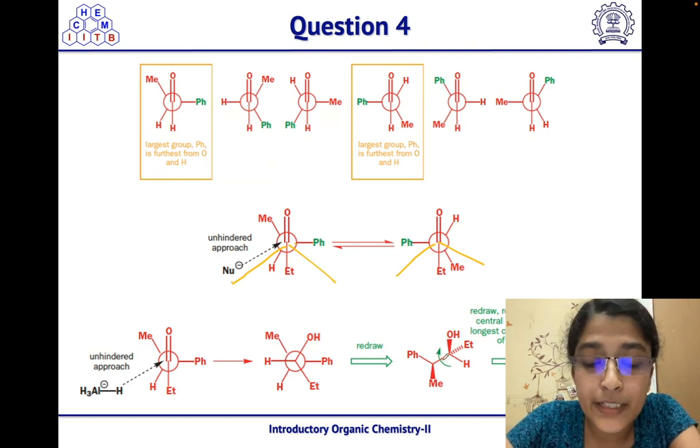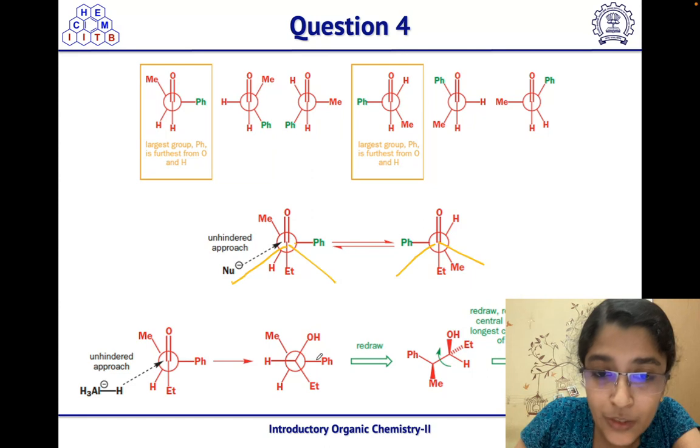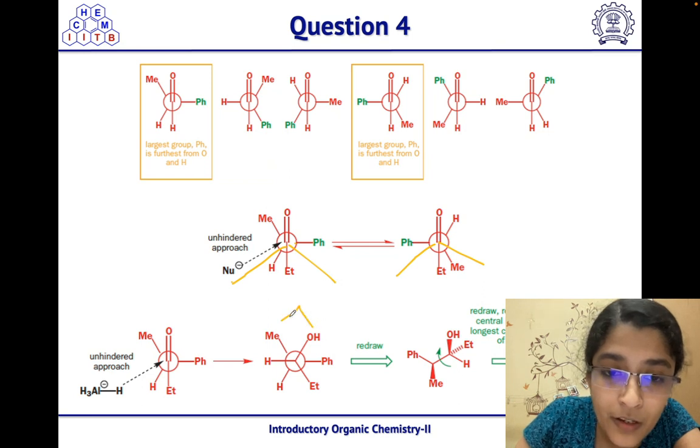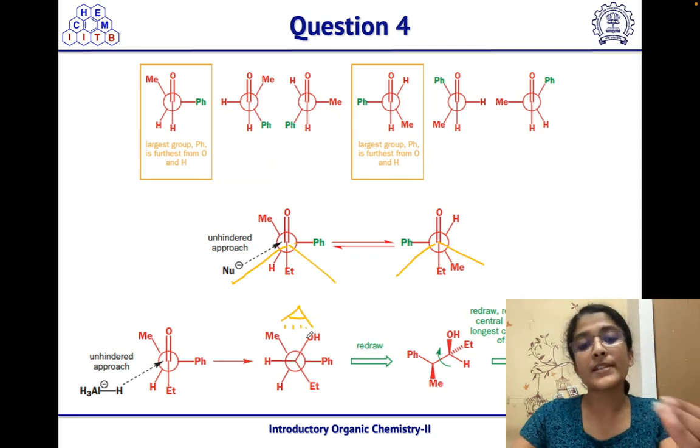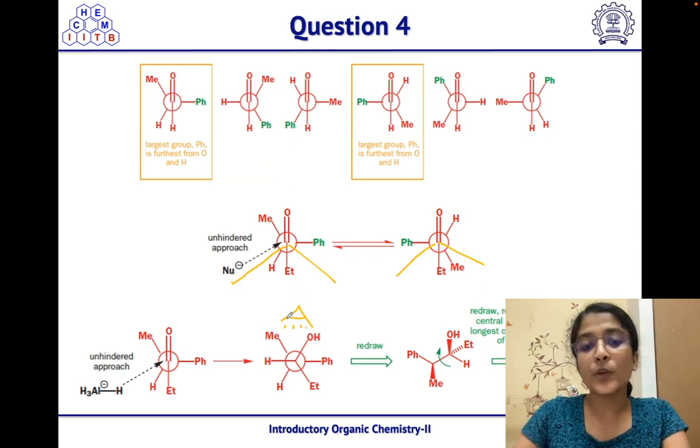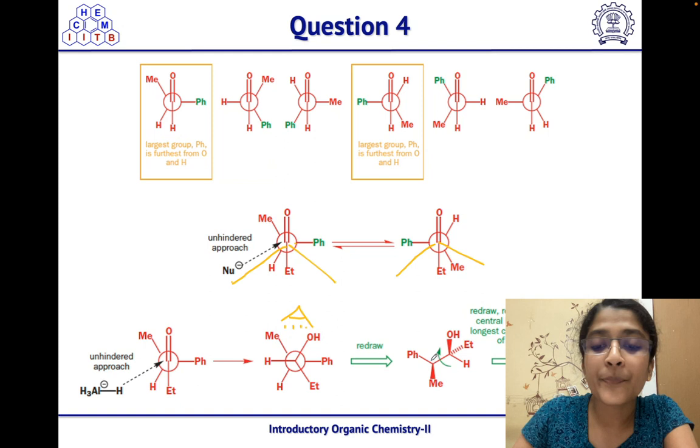it can be written in this form, like the phenyl group and the hydrogen group are in the plane, and when we are seeing from this top, we can see methyl groups are facing towards us. So we are looking from this direction, the methyl group and the hydroxyl group are towards us, so that can be given beta sign.